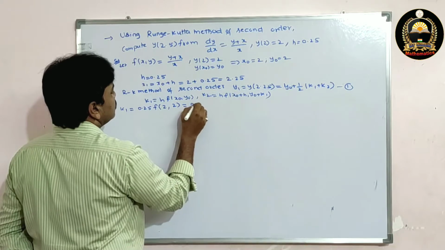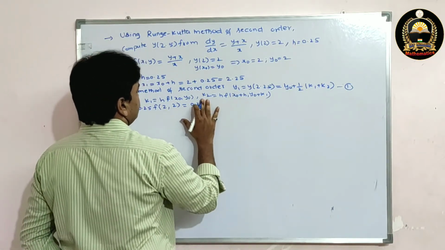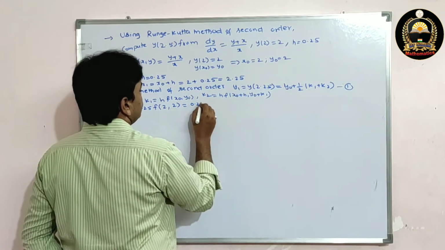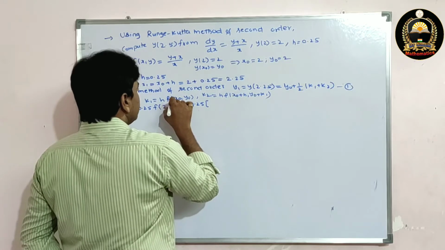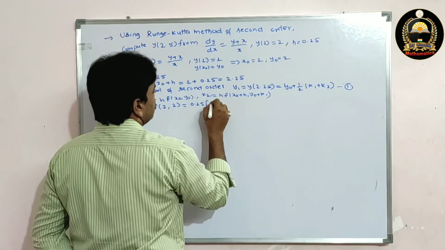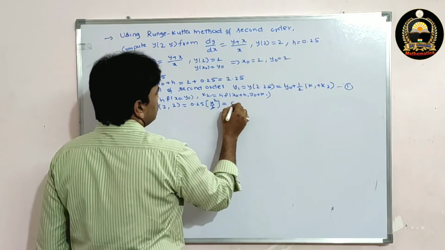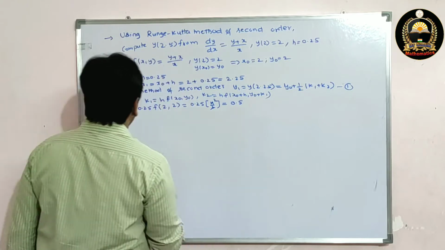So that is equal to 0.25 into (2 plus 2)/2, that is 4 by 2, which means we get 2, students. So we get 0.25 into 2, which is 0.5.